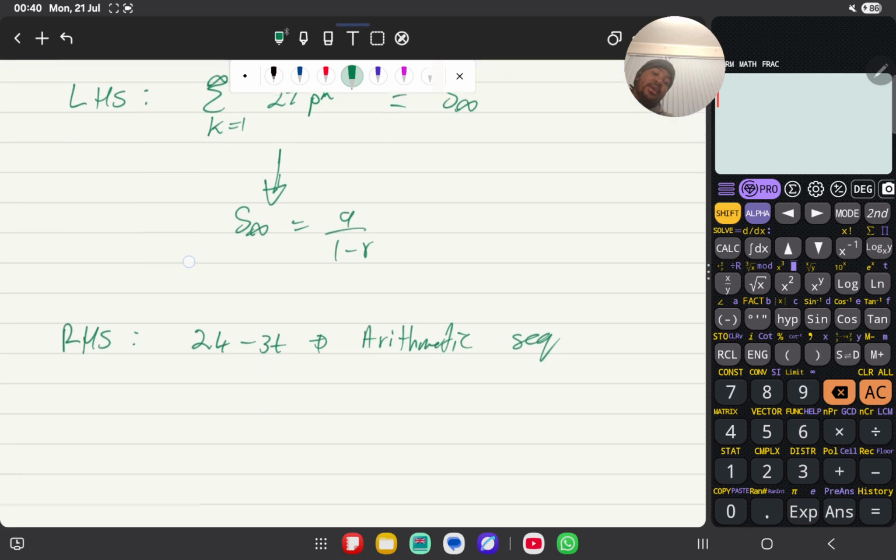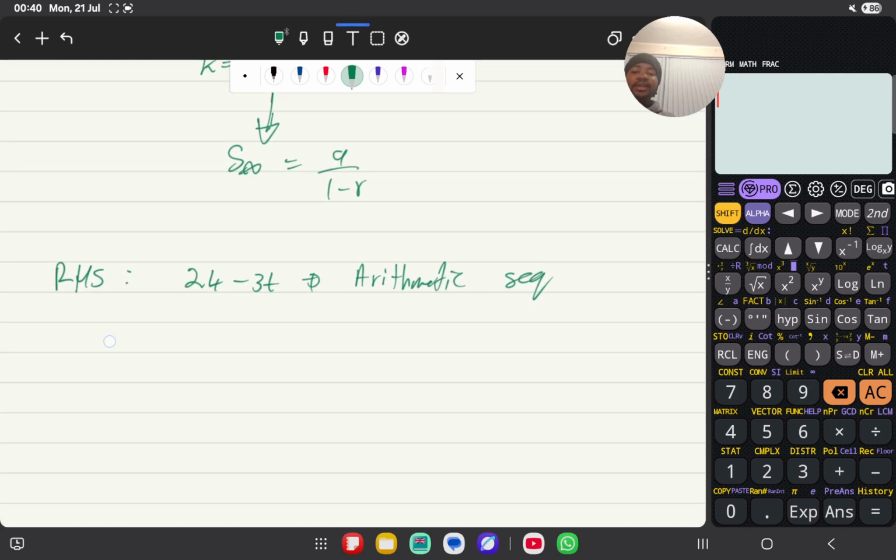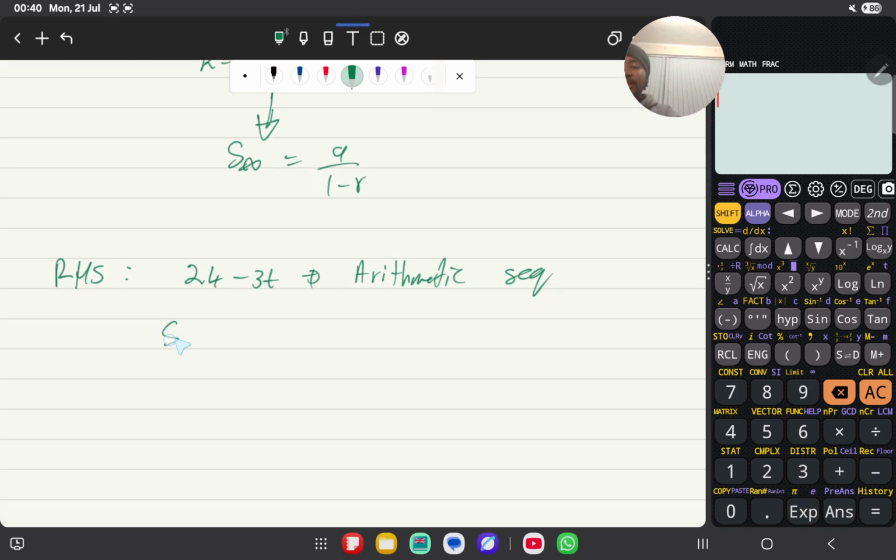And for an arithmetic sequence, you remember that Sn equals n over 2, or is it 2 over n? I think it's n over 2. And then this side you have 2a plus (n minus 1)d.